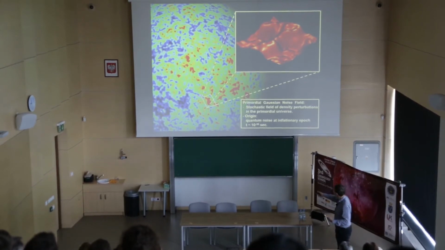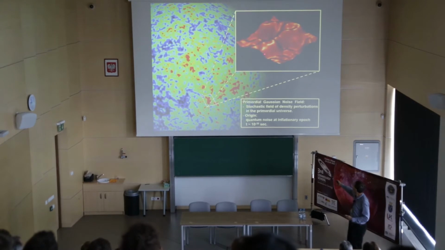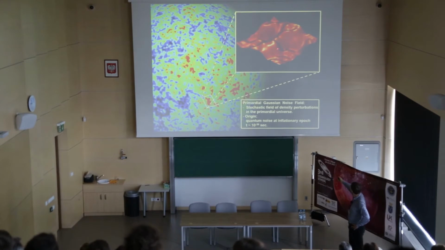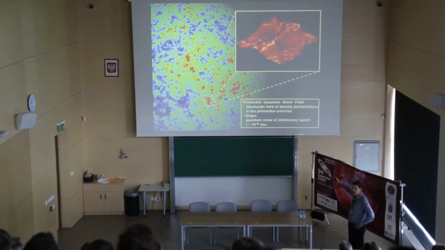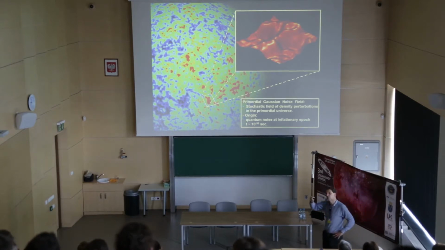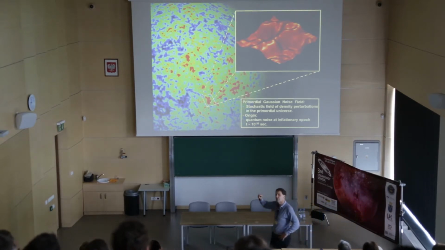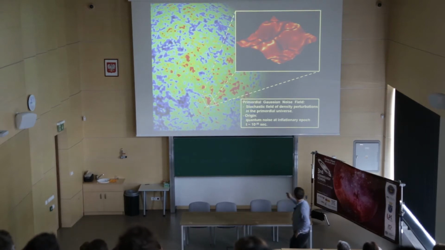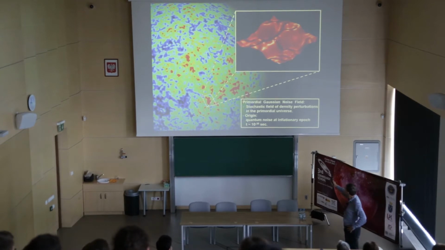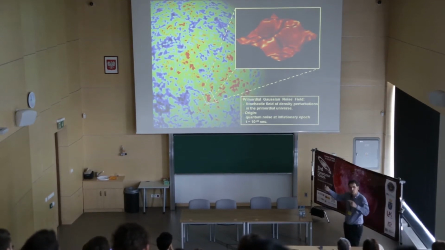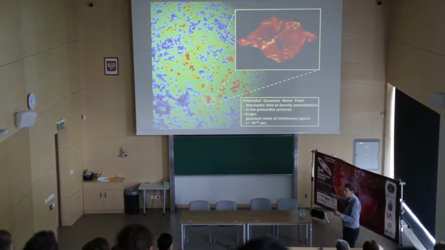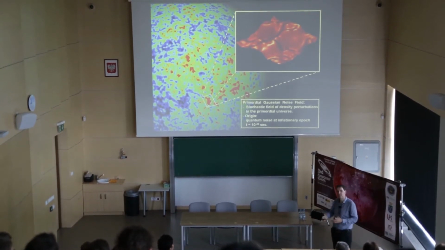If you zoom in on such a region in the primordial universe, you would see a very small landscape with some mountains and some valleys. And even though the valleys and the mountains are only of the order of 10 to the minus 5, of course what happens is that they induce slightly more of a gravitational pull towards the overdense regions and slightly less of a pull out of these valleys.